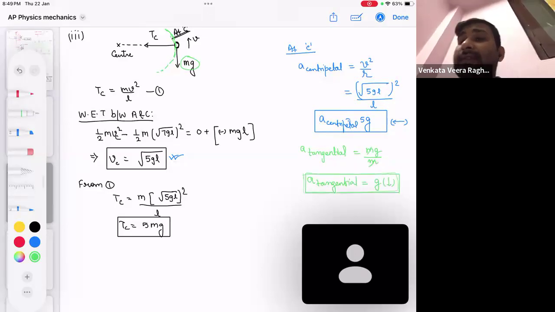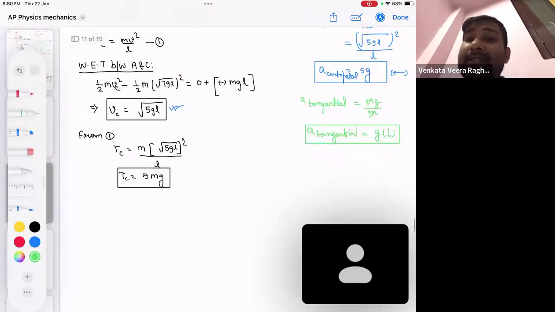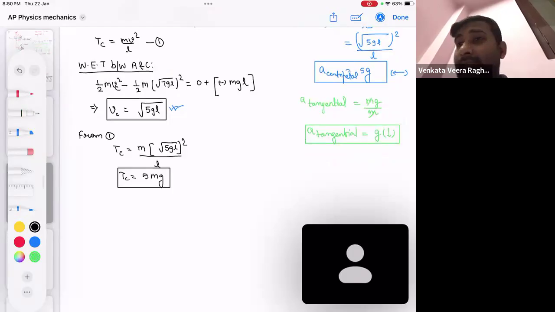Understand the centripetal acceleration and tangential acceleration? They can also ask you what the net acceleration at that point is. It is the square root of centripetal square plus tangential square. So 25 plus 1, you can write it as root 26 g.